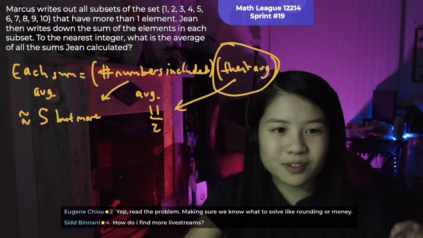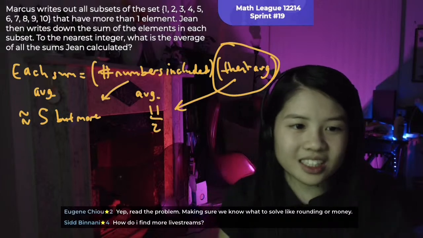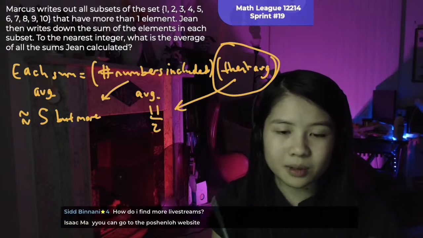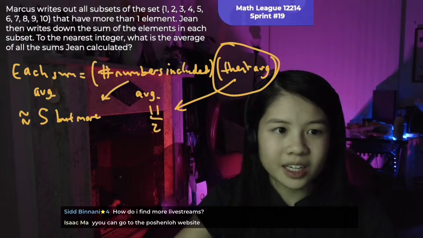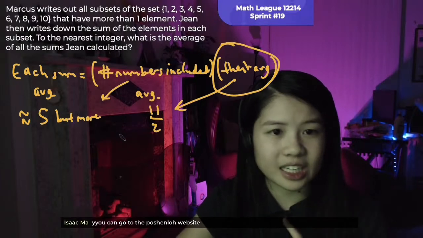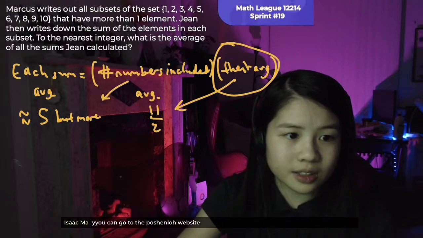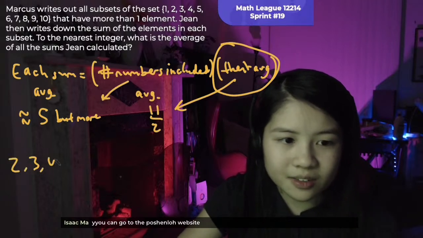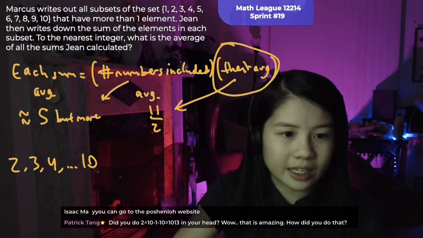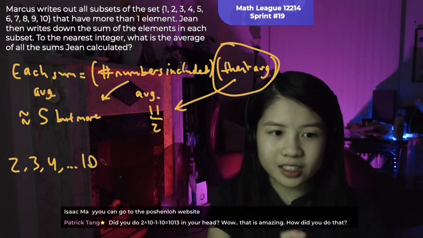The first part was a bit harder because I needed to find the average number of numbers included in the sum. I used the same logic as Eddie. You could have 2 numbers picked, 3, 4, up to 10 numbers picked, and their average is about 5.